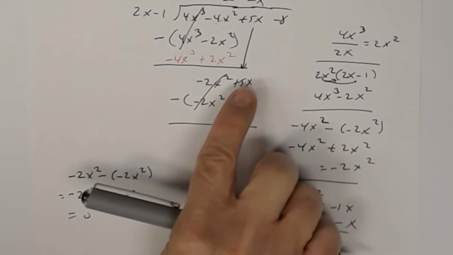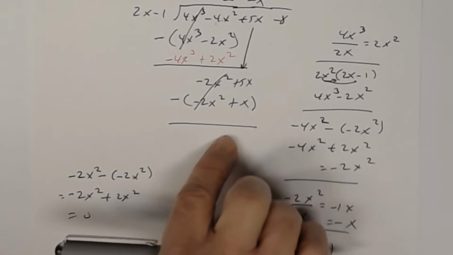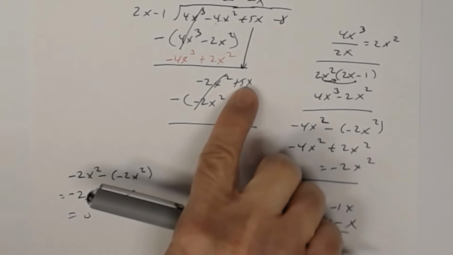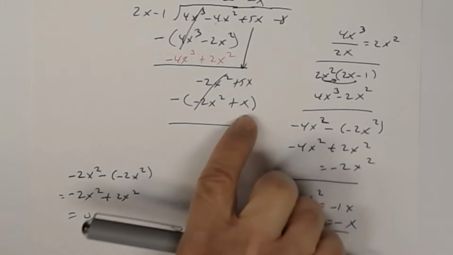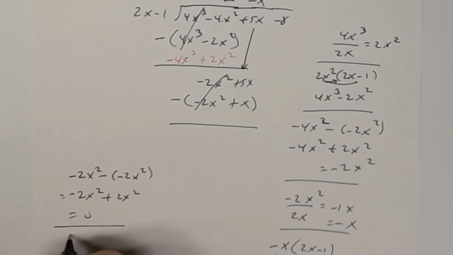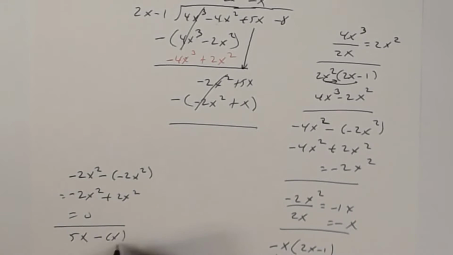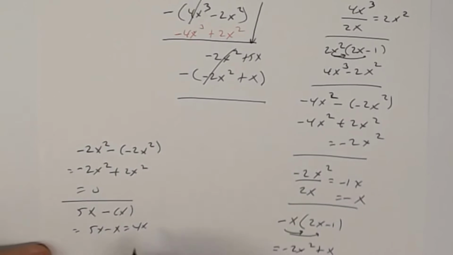Now be careful here. Don't say this is 6x. If you say this is 6x, then your quotient is going to be wrong and your remainder is going to be incorrect. So be careful. You're saying 5x subtract x, which means 5x minus x, which is 4x. That's what this is supposed to be.